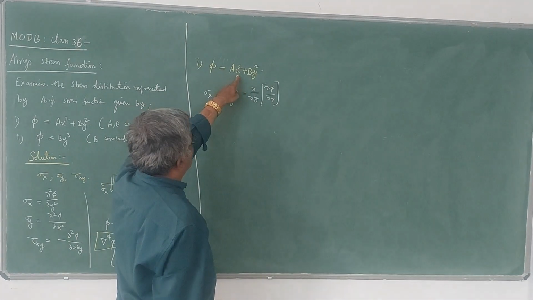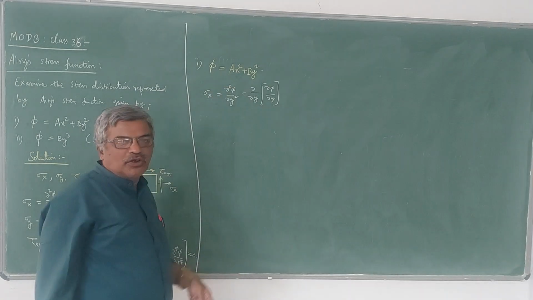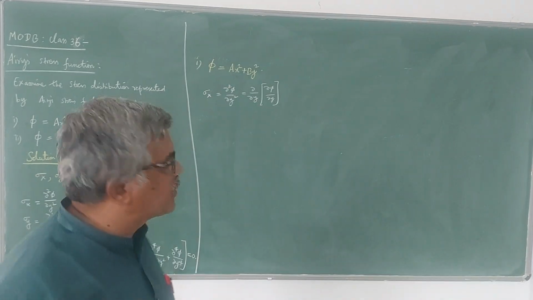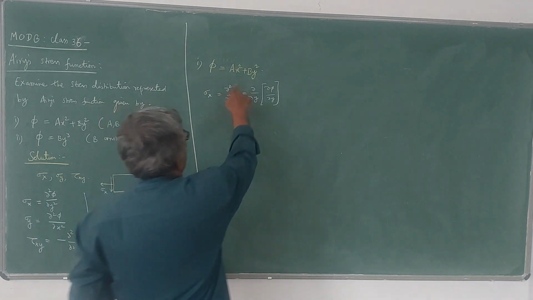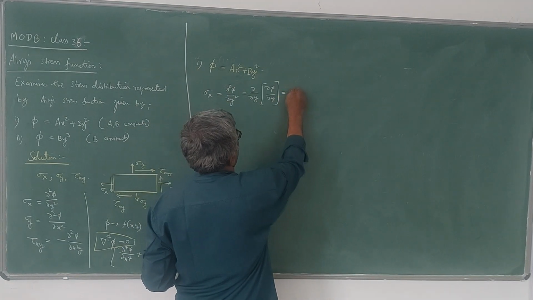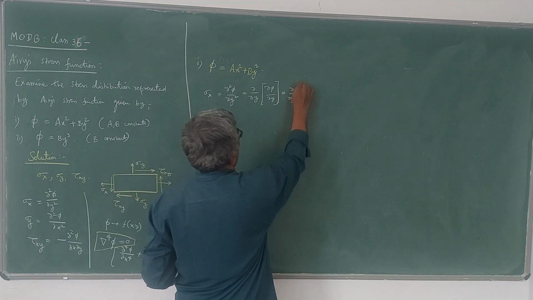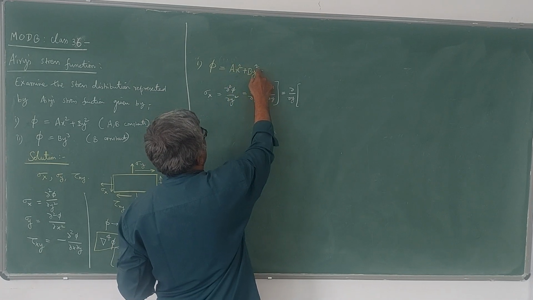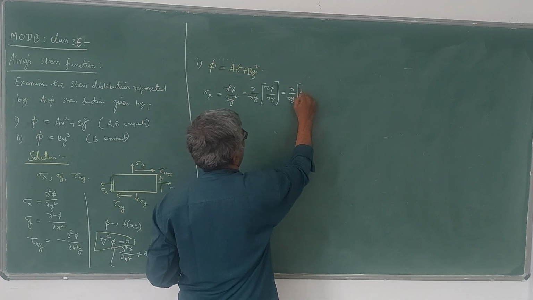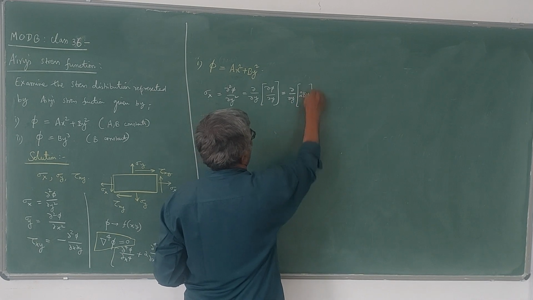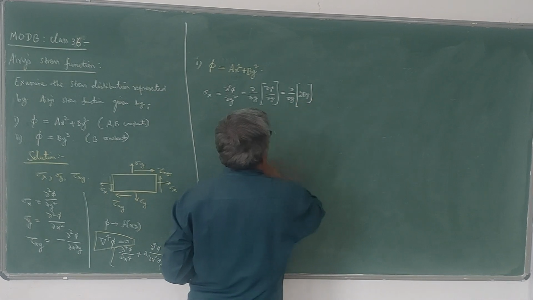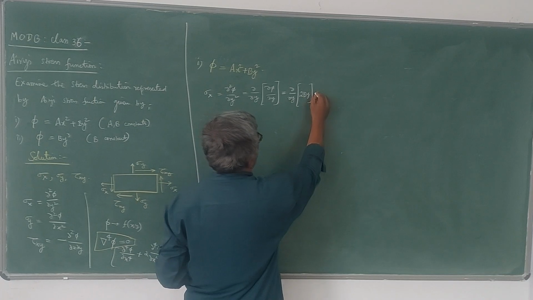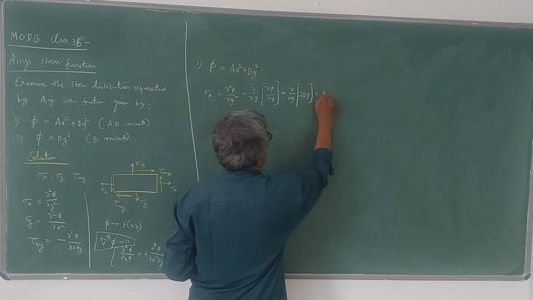Already a and b are constants. When you are differentiating partially with respect to y, we have to treat x as constant. So then the answer will be here. This is dou by dou y of dou phi by dou y, which is nothing but, the derivative of this will be 0. The derivative of this will be 2by. So if you once again differentiate this with respect to y, you will get 2b.